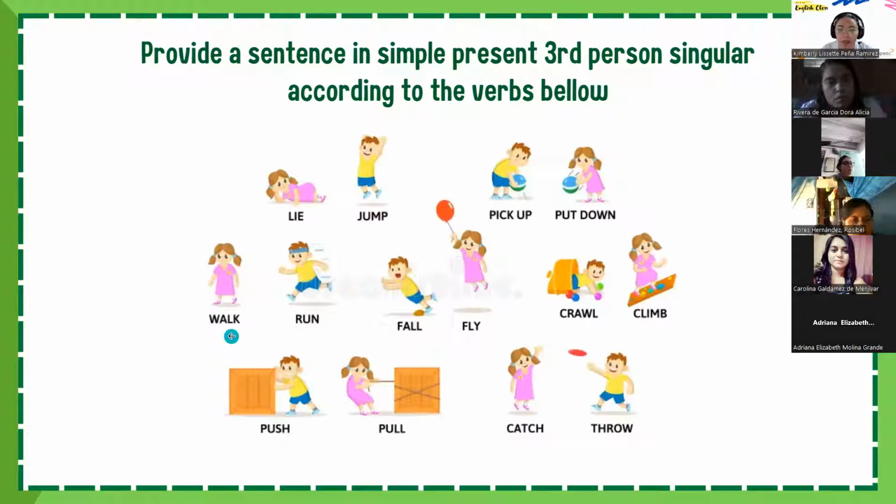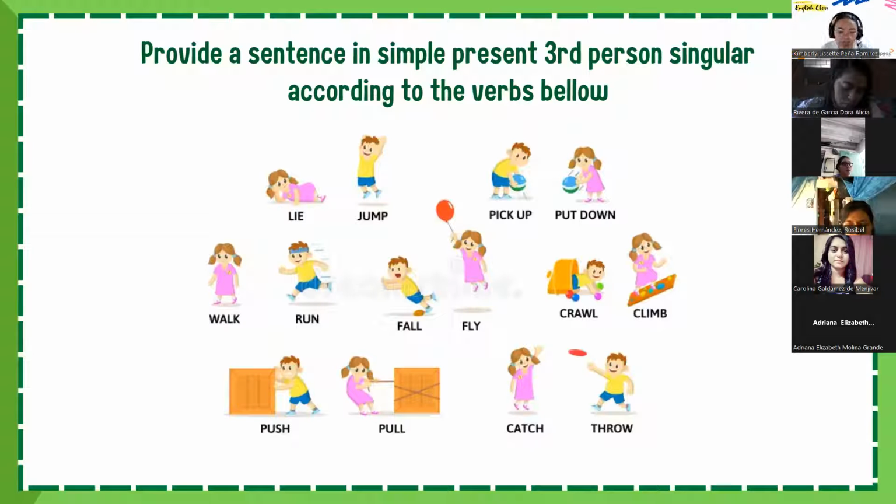Okay, but in third person, how would it be walk? She walks. She with walks, S. She walks in your house. My house or her house? In her house. Okay, she walks in her house.